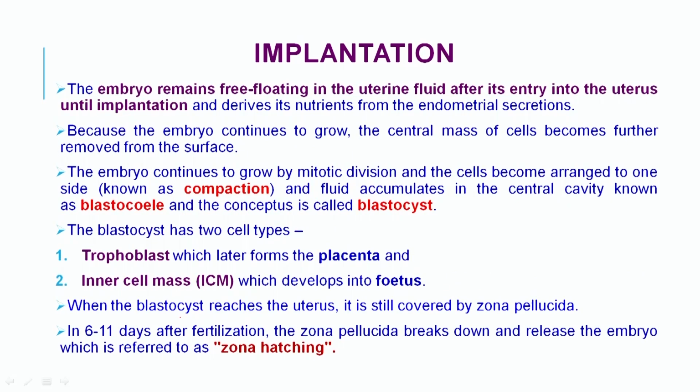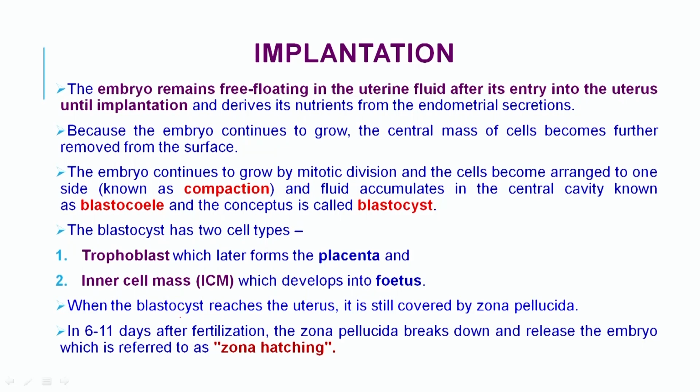The embryo remains free-floating in the uterine fluid after its entry into the uterus until implantation and derives its nutrition from the endometrial secretion. Because the embryo continues to grow, the central mass of cells becomes further removed from the surface.